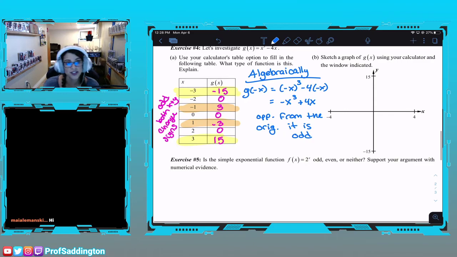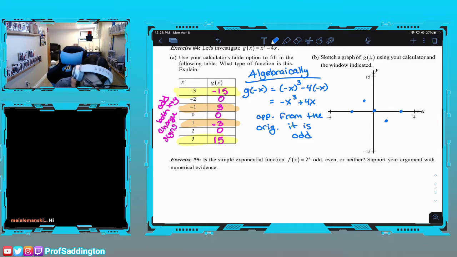So then let's also check this out graphically. It should reflect through the origin. So let's graph some of these points, and we're just estimating here. So we have 0, 0 as a point. We have -1, +3. We also have +1, -3. We have -2, 0, and +2, 0.